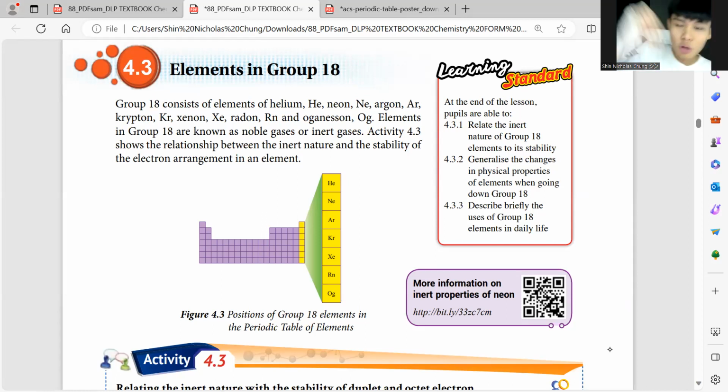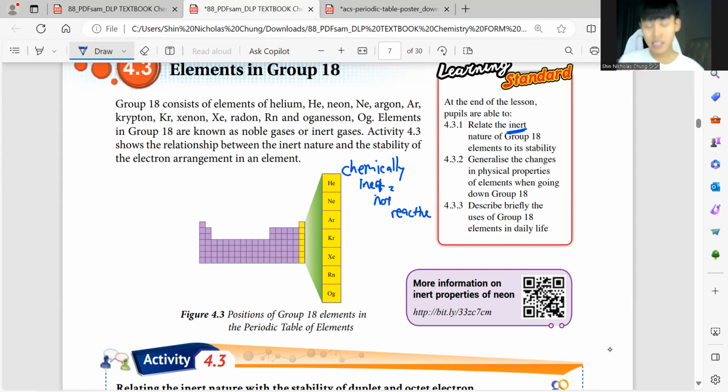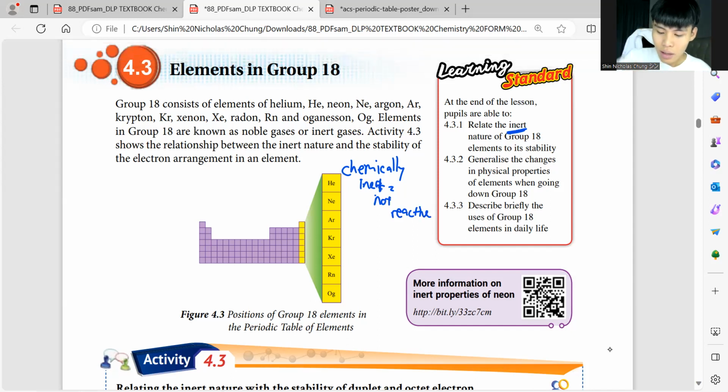Because why? Group 18 are chemically inert. Chemically inert means they are not reactive. Meaning they are already stable. What do I mean by stable?